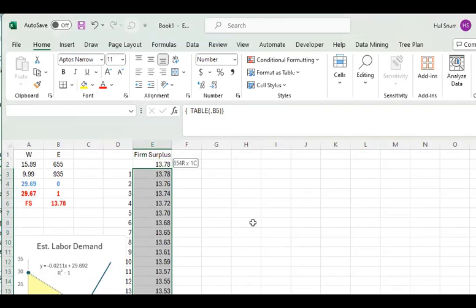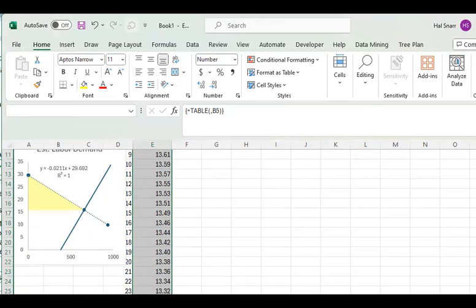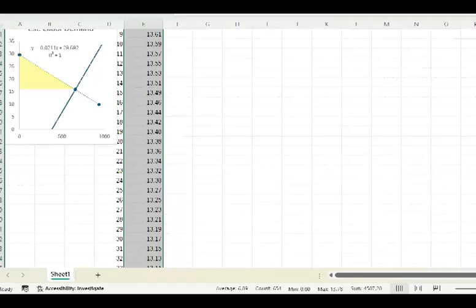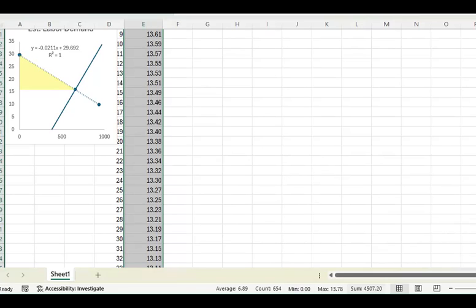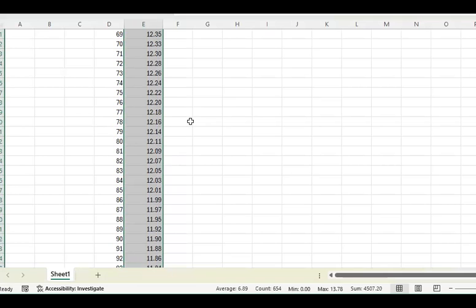So this is one way to calculate firm surplus. Down here at the bottom of Excel, you can see the sum is $4,500. So I can calculate the total firm surplus, or the total employer surplus, by adding up each one of these individual surpluses for the individual employees hired.